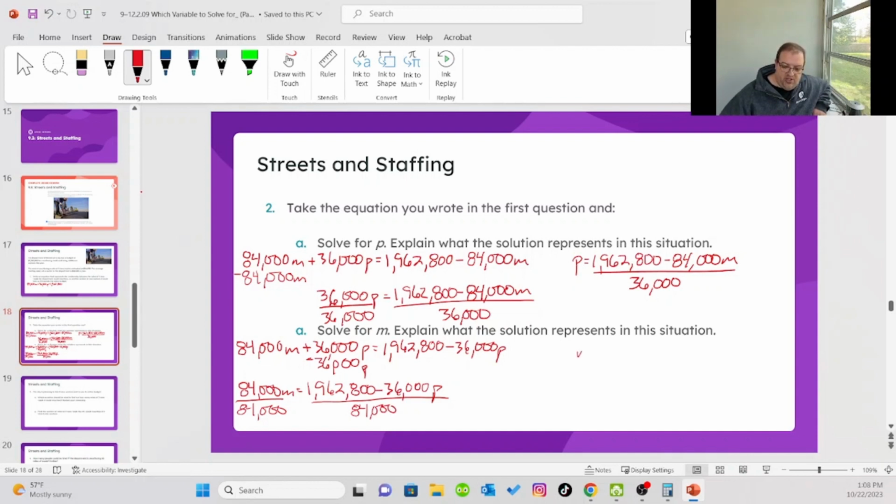So I have a final equation of M equals 1,962,800 minus the 36,000 per person divided by the 84,000 per mile. So now we have our equations that solve for personnel and for miles of road.